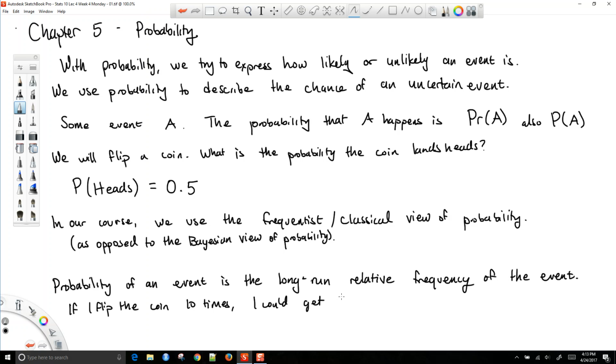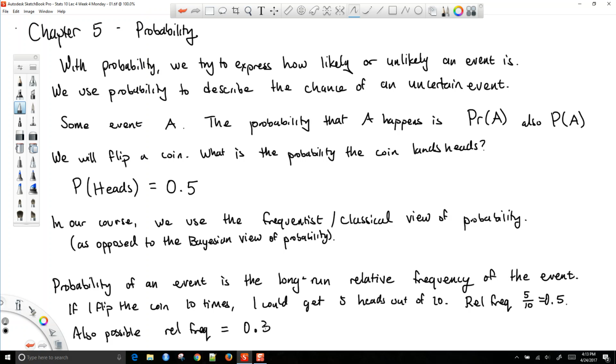I could get 5 heads out of 10. And in that case, my relative frequency would be 5 out of 10 or 0.5. Okay? That's fine. My relative frequency after 10 flips, if I have 5 heads, is 0.5. Okay? It's also possible that my relative frequency is equal to 0.3.